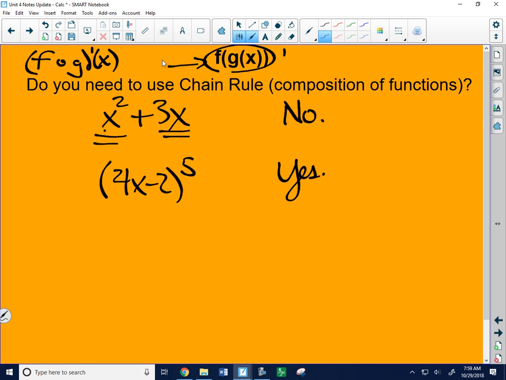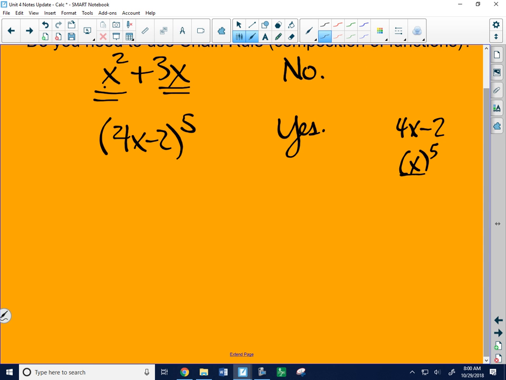The two functions are 4x minus 2, and then you could call it y to the fifth, or I'm going to be calling it u to the fifth, something to the fifth power. There's two things in one. Normally I'd want to use a different variable. It's something to the fifth power, and then 4x minus 2. So these two are very, very different.